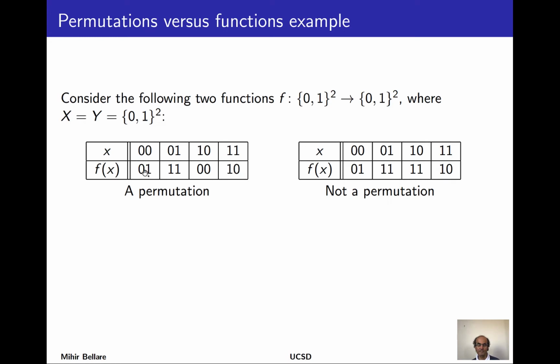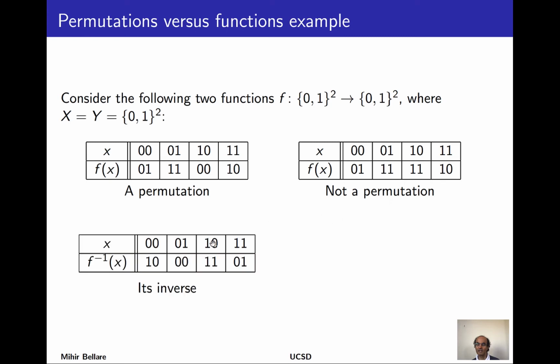So every 2-bit string appears once and exactly once here, and that allows us to go backwards. This is not a permutation because the string 1,1 appears twice. So if you were needing to invert 1,1, you wouldn't know what to do, because both this input and this input could be possible inverses, and so no inverse is uniquely defined.